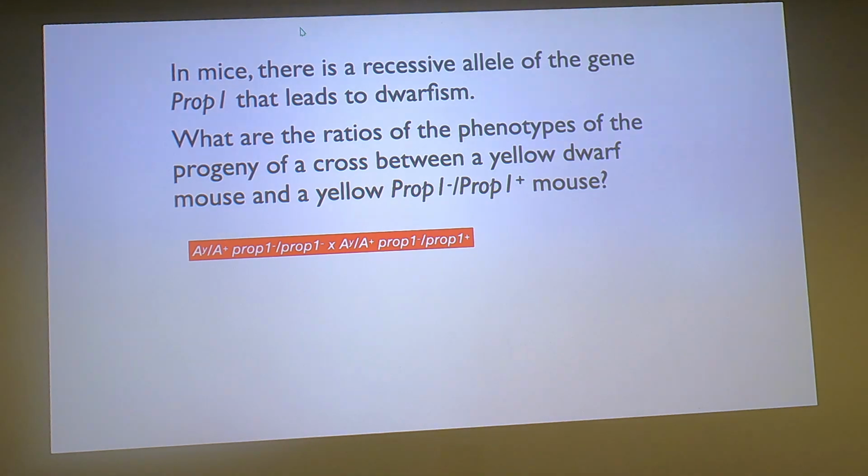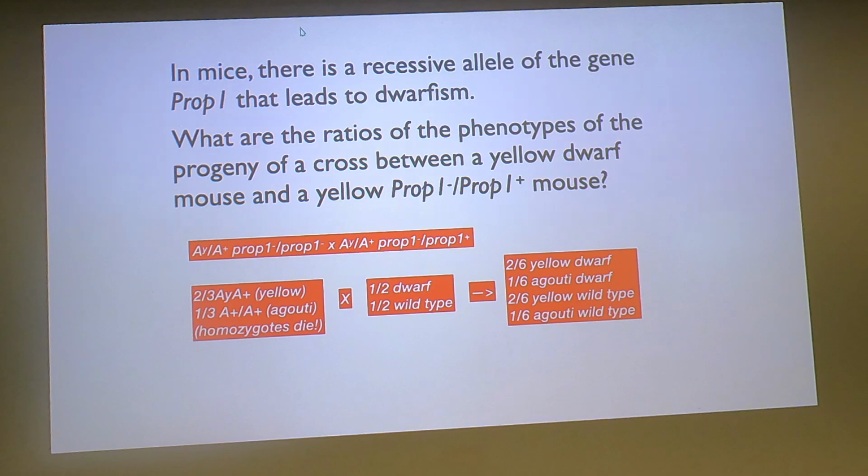Going to be half hetero and half homozygous? Yes, half will be heterozygous, so they'll express the wild type phenotype. That'll be half normal sized, and half will be dwarf. Then we just multiply those together. So there's our 2/3 yellow, 1/3 agouti.